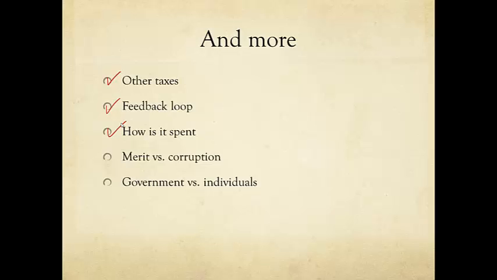Equally important to the fairness debate is how is the tax dollar spent? The effectiveness, efficiency, and accountability of spending is as important as the side of coin about collecting the taxes. Then there's also a fundamental difference between income derived from merits and income derived from, say, corruption.